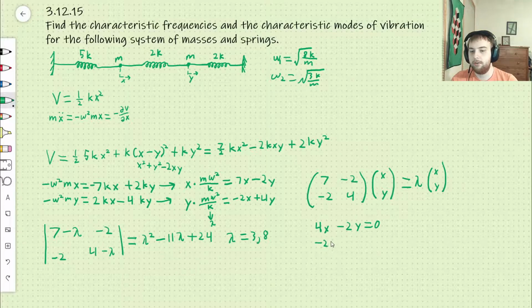And then minus 2x, 4 minus 3, plus y. You can actually see that these are the same equation, just that they're multiplied by -2.